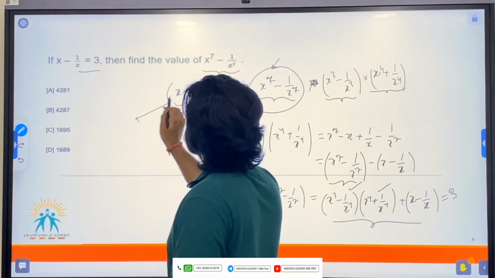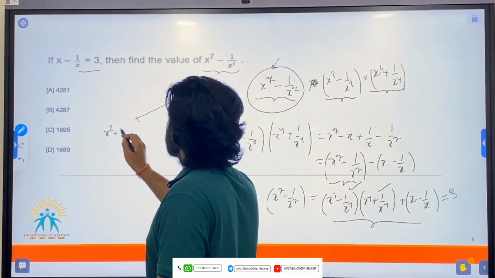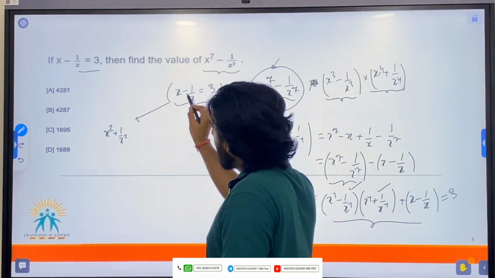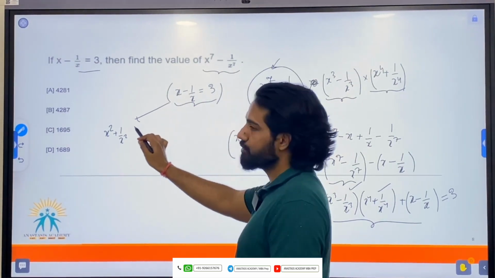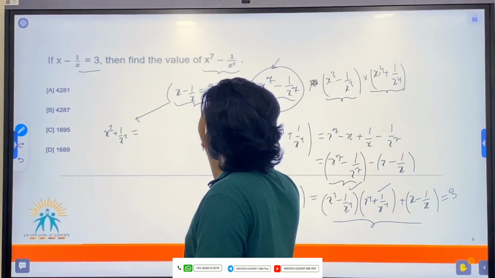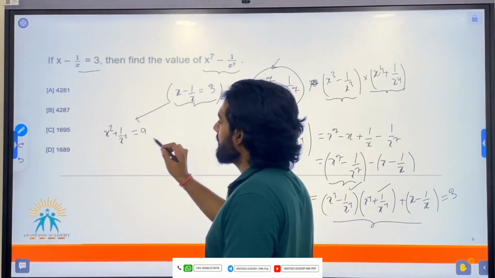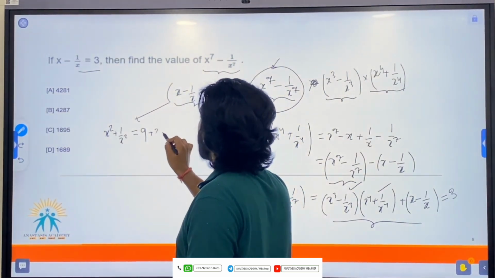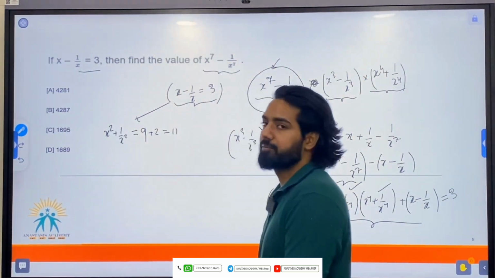Now, let's get back to this expression. If I square this expression, I get x square plus 1 upon x square minus 2, which is equal to 9. If I take minus 2 to this side, it becomes 9 plus 2, which is 11.